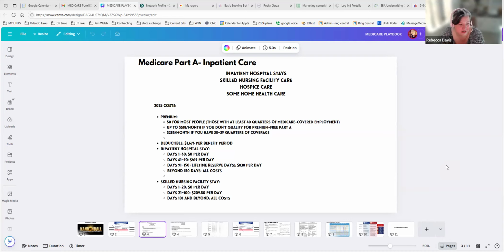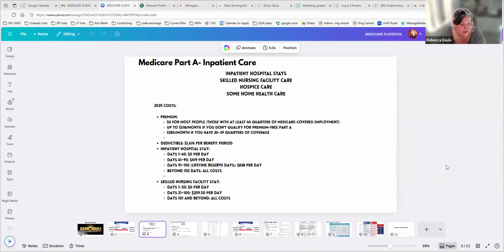The current year daily copay is $419 a day from day 61 to 90. And if you're still in that hospital at day 91, you're going to pay $838 a day until you've maxed out your days. And if you're there past 150 days, you actually are absorbing all the costs.